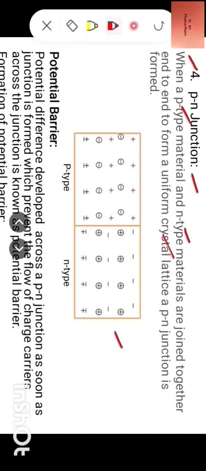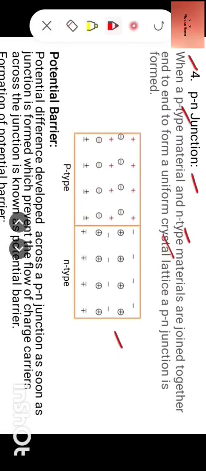Now look at the diagram. In p-type material, we know there are majority holes shown by positive charges and negative ions shown by minus in circles, and electrons and holes due to thermal agitation shown by plus minus.